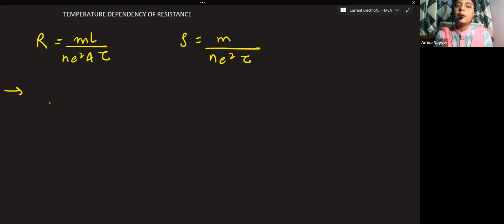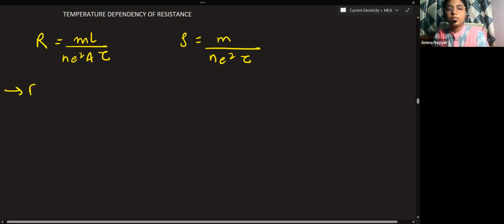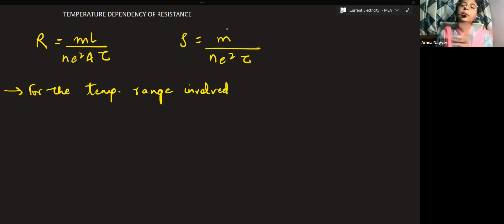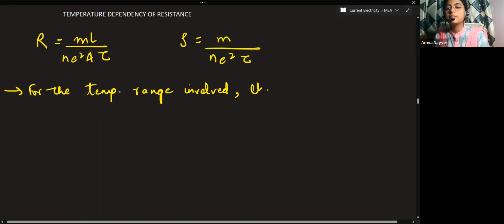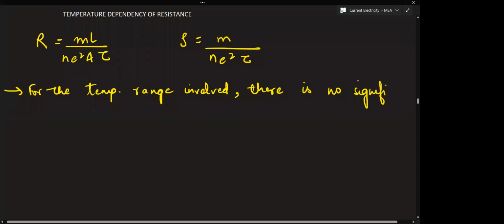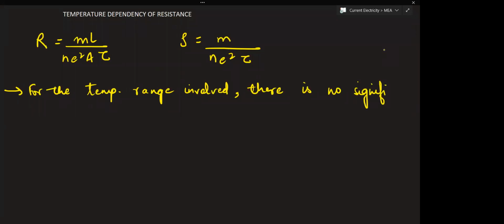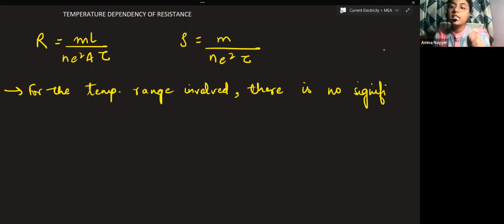So basically, for the temperature range involved, there is no significant change in what?